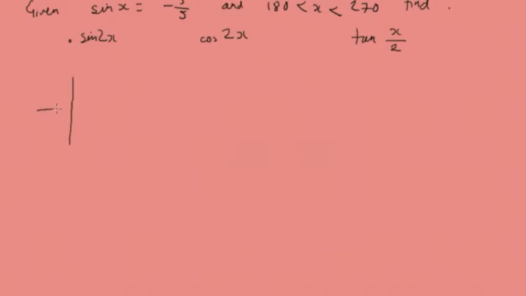So if we think about our quadrant, all students trust Cambridge, we know that x is lying in this quadrant, so where tan is positive and sine x is negative.